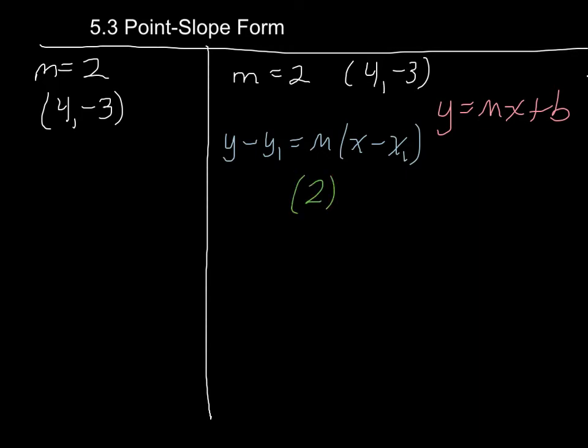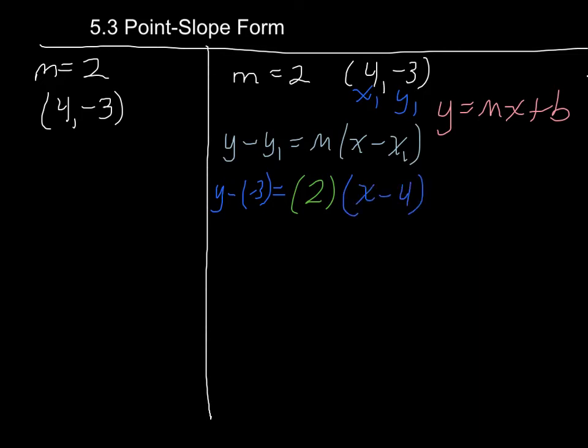Then I recall that the x is right here and the y is right there. So this is my y1 and that's my x1, and I can now plug those in. So I end up with y minus -3 is equal to 2 times x minus 4.